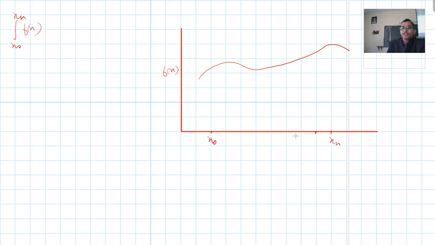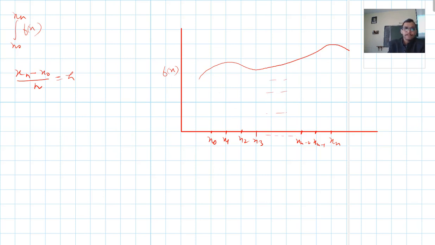I divided this region into n small segments, right? So xn minus x naught divided by n is the width of each region. So this is x1, this is x2, this is x3, this is xn minus 1, this is xn minus 2, and so on, right?